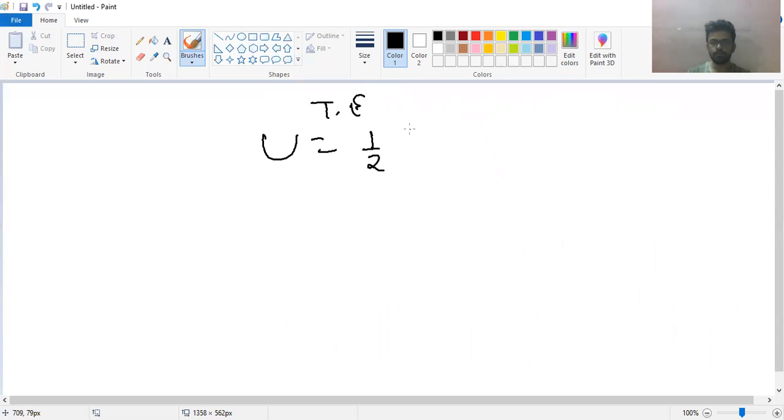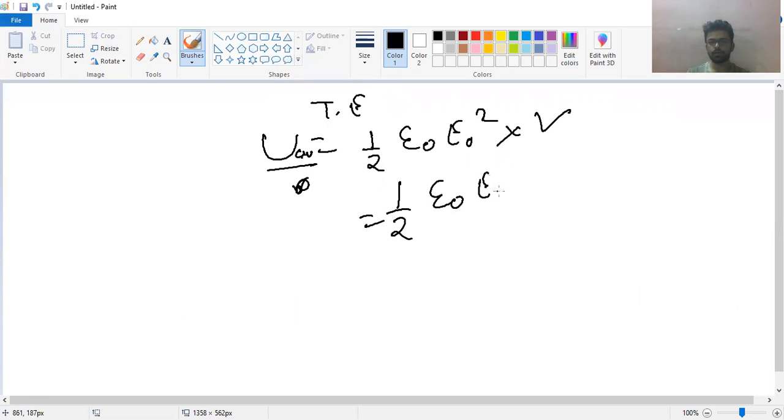Average energy density is 1 by 2 epsilon naught E naught square, which is energy by volume. So total energy will be this into volume, right or wrong? Volume can be written as meter cube.